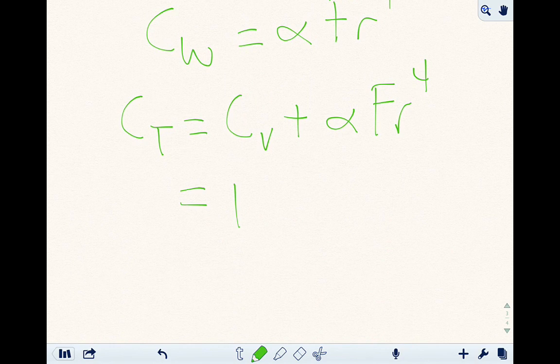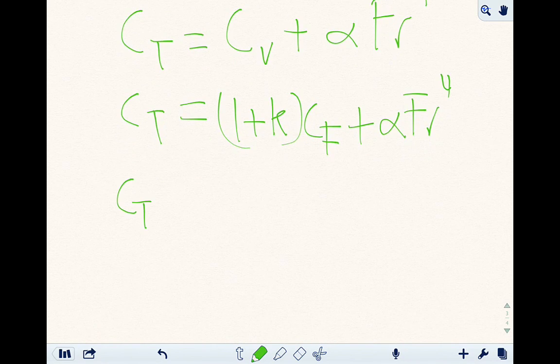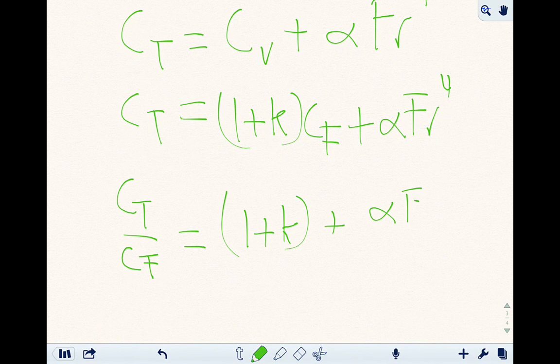So this is equal to 1 plus K CF plus alpha Froude to the fourth. Divide both sides by CF. I have CT over CF is equal to 1 plus K plus alpha Froude to the fourth over CF.